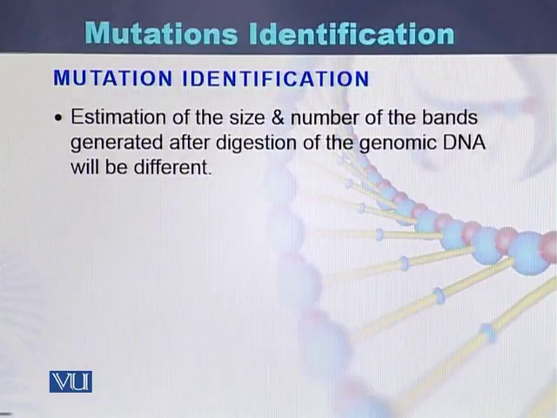The size and number of bands generated after digestion of the genomic DNA will be different, because there is a mutation or a change in the DNA sequence. So the size of the bands in a normal individual and in an affected individual will be different from each other.